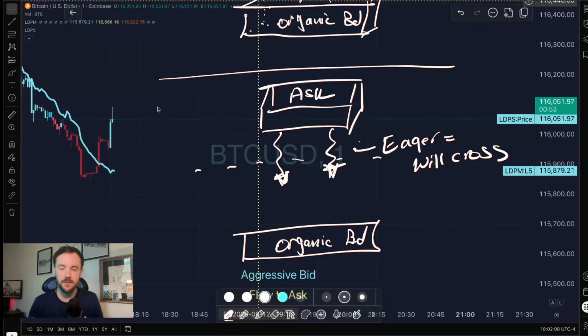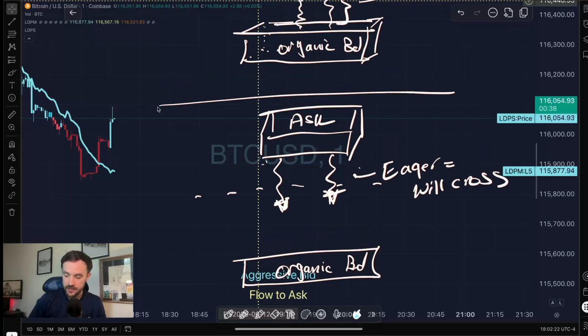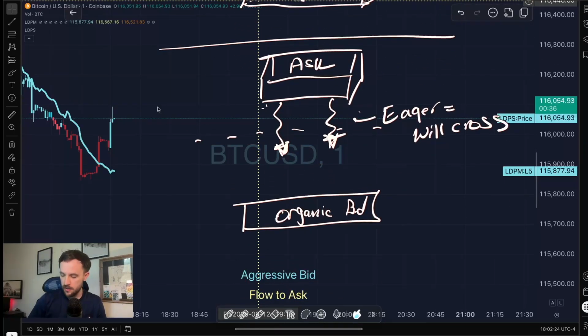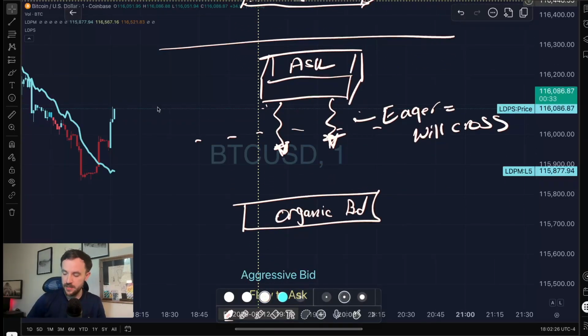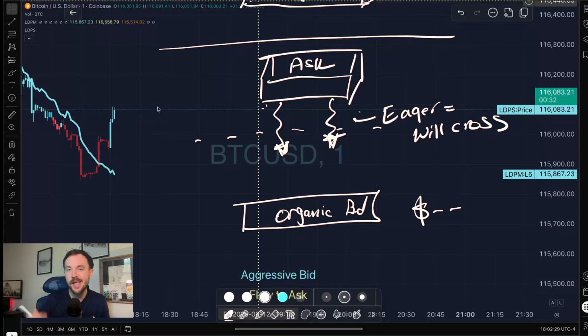It's like an expression from the fire department when you go from being a medic to a firefighter. I would say the other way around, but no one ever does the other way around. It's called crossing the aisle, and the idea is you're just going to the other side. And so when we get this eager ask eagerly crossing this aisle to transact, and especially when they're meeting an organic bid, this is definitely a negative moment in time for that current spot.